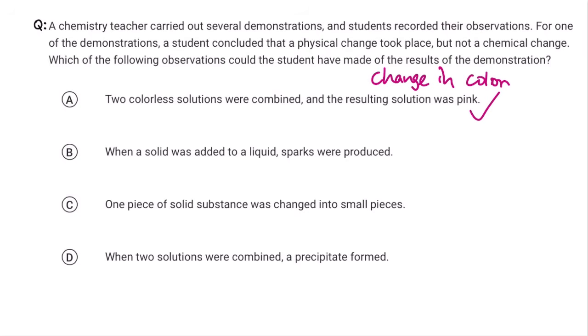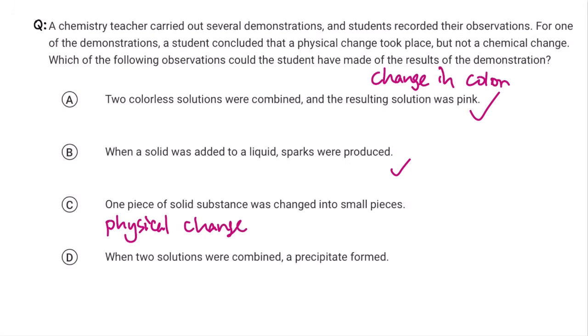B, when a solid was added to a liquid, sparks were produced. Well, this is another example of evidence that shows a chemical change. C, one piece of solid substance was changed into small pieces. Well, of course, this is obviously a physical change.